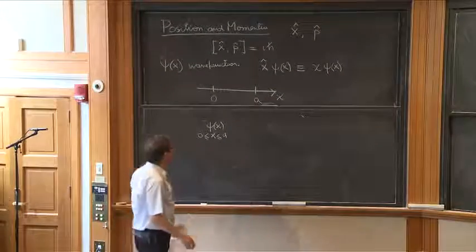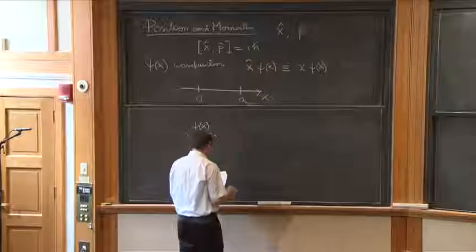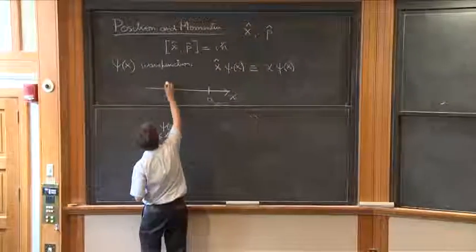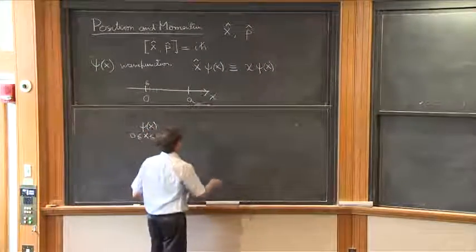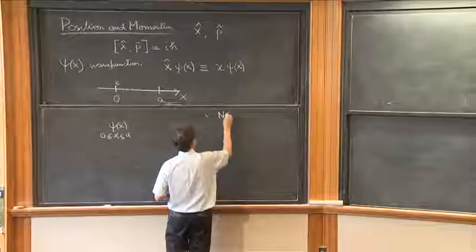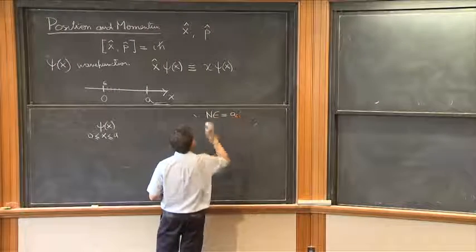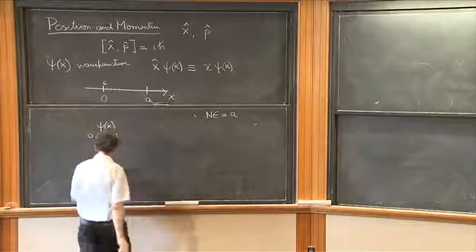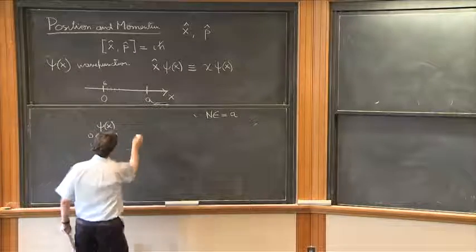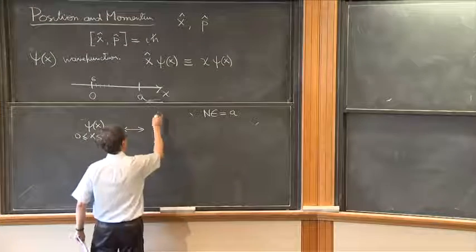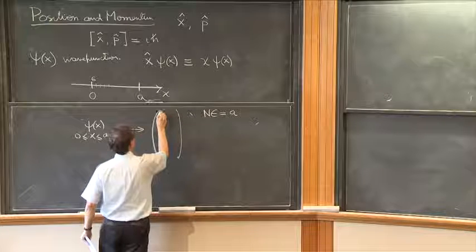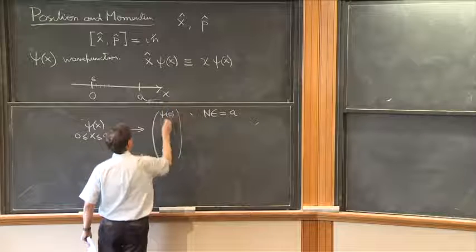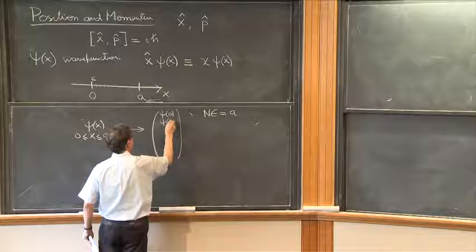So let's divide this interval in sizes epsilon such that n times epsilon is equal to a. So there are n of these intervals. So we think of psi as a vector whose first component is psi at 0. The second is psi at epsilon.